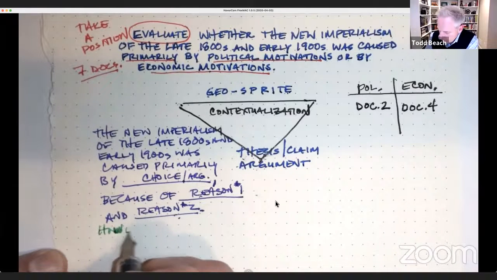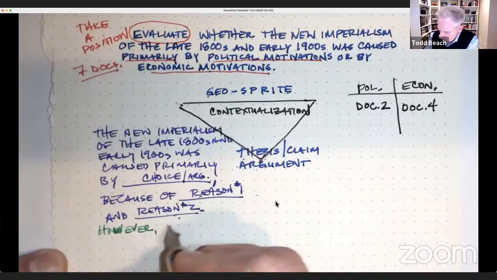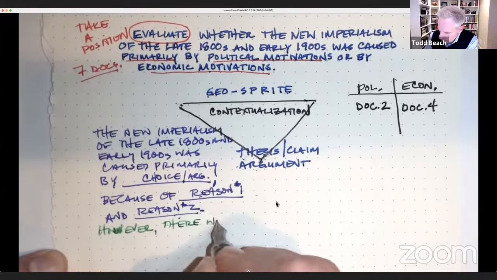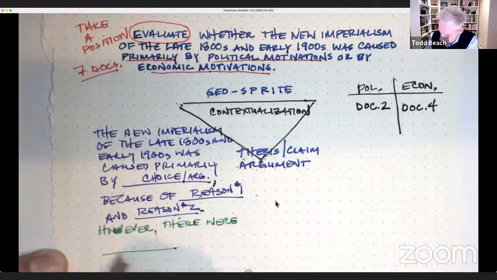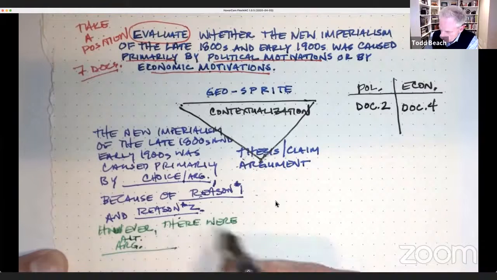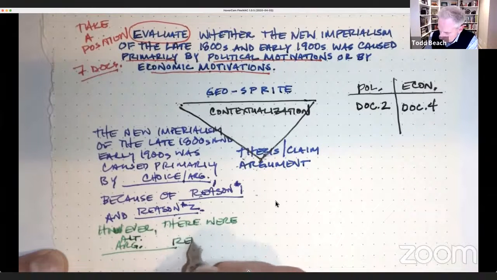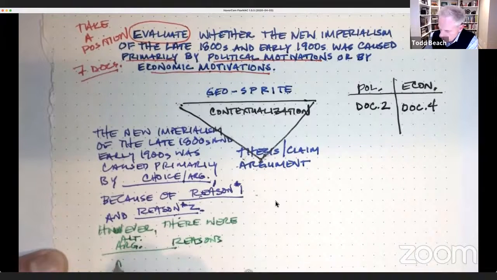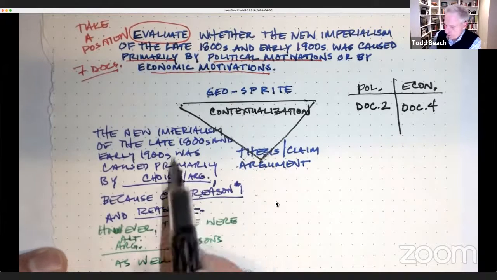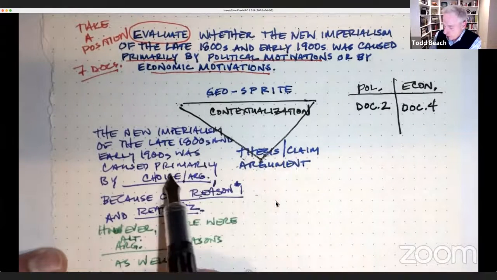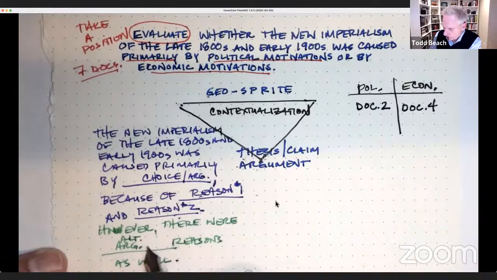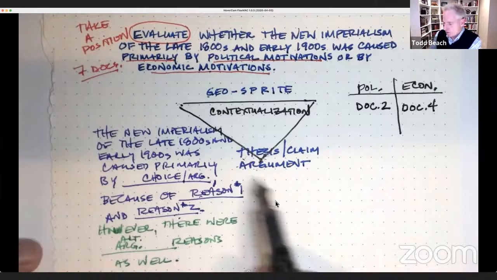However, there were, we'll call this the alt argument, reasons as well. So this could also be in there. So let's just say if you're choosing, as a guess, politics here, you could put economic motivations here. However, there were economic reasons as well. Does that make sense? And so that's how you construct that.